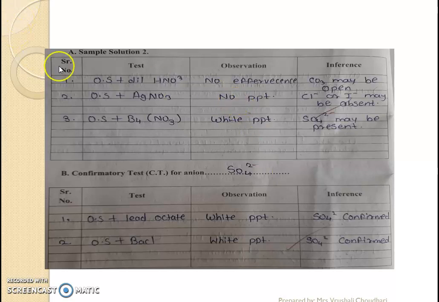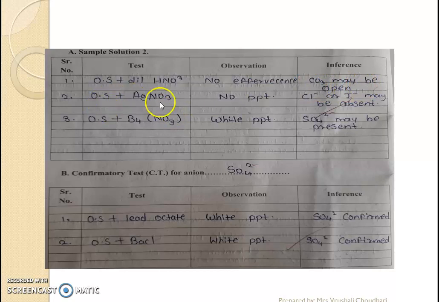How are we going to write? Whatever test we perform, first we take OS. OS means sample solution, test solution. Adding dilute HNO3, we will observe two types of observation: effervescence or no effervescence. If no effervescence is observed, we will say that CO3 2- is absent.